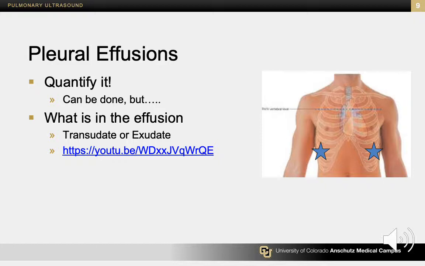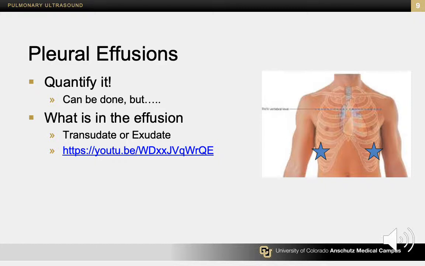The other thing you're going to want to do is try to qualify the effusion, whether it's transudative or exudative. Transudative is primarily extravascular or extracellular fluid, like proteins and water, basically clear fluid.